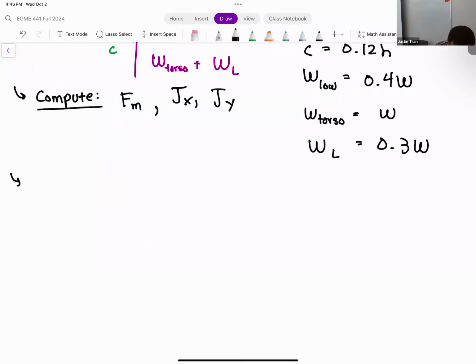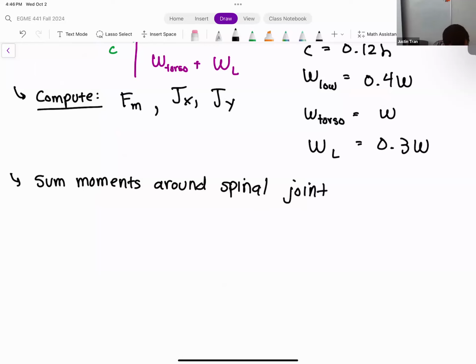Just like we usually do, let's start with the moment equation, so we can solve for the muscle force. We sum the moments around the spine.